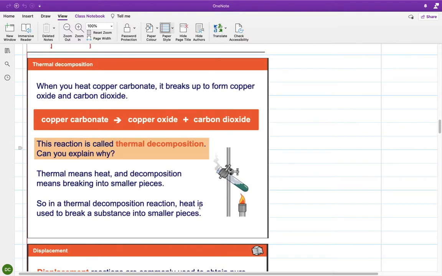I'm not sure how important these are going to be. Thermal decomposition: I think it's probably more important just to understand the words, so you'd be able to take it apart. Thermal implies heat, and decomposition is when you're breaking up a substance into smaller pieces.